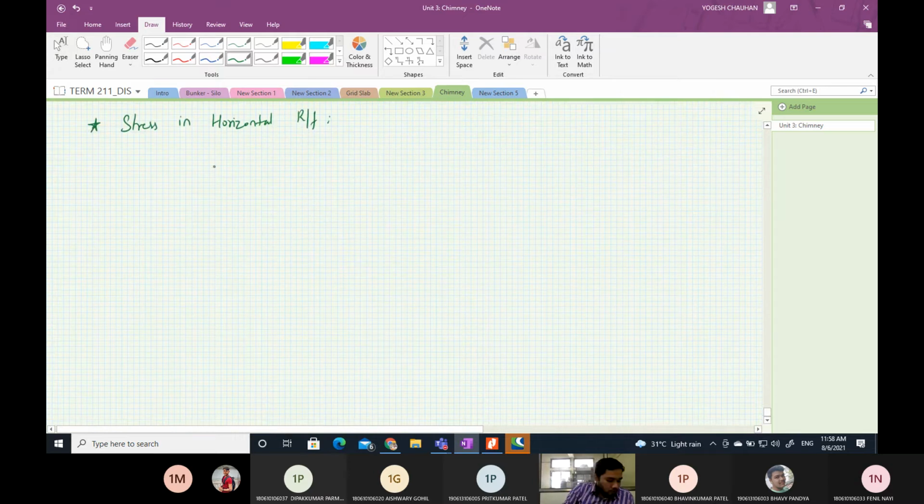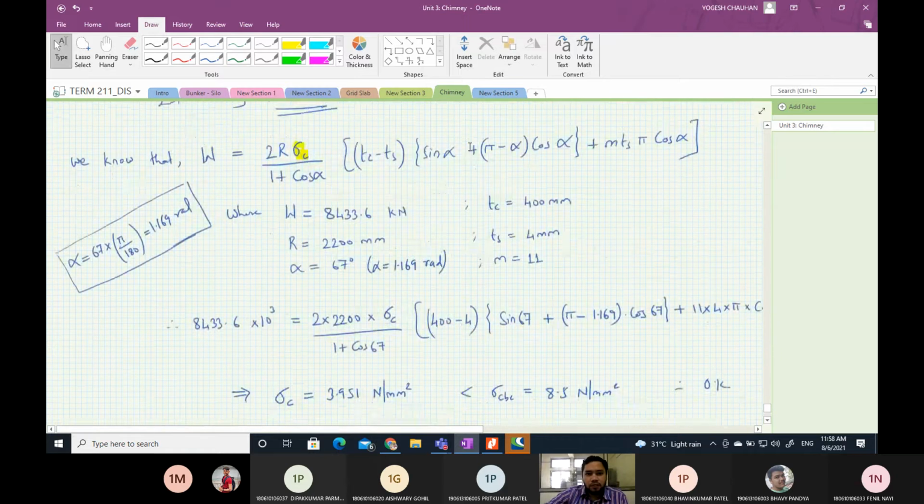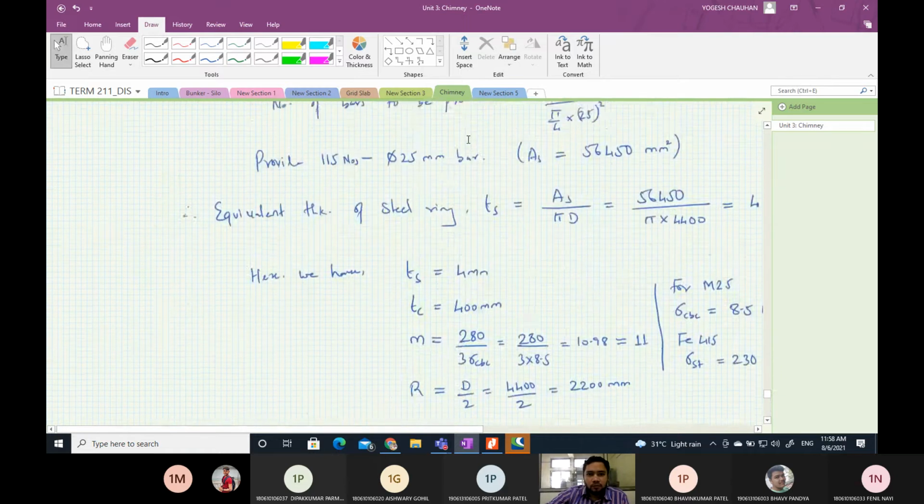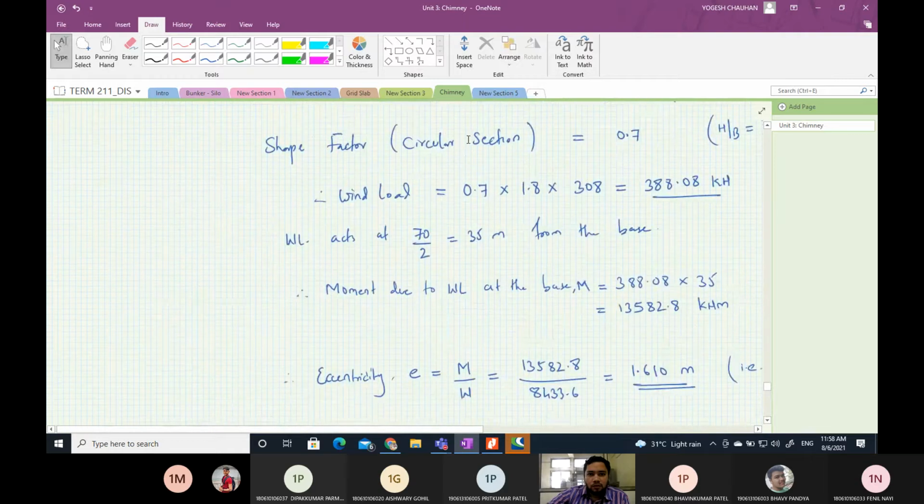So the shear at the base of the chimney, h is equal to, we have found this h, the wind load. This wind load is the horizontal load, which will be shear for the horizontal reinforcement.